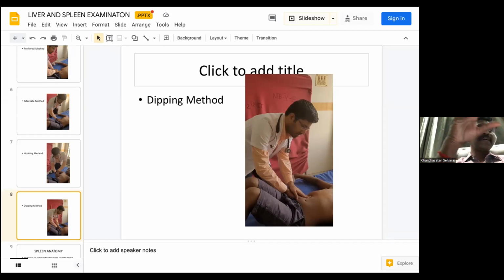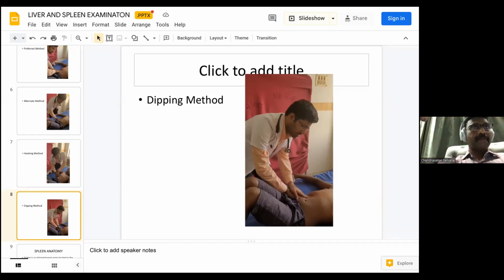Another thing, as far as the liver is concerned, is that we should also check the liver span. It's again very simple. We need to percuss in the anterior part of the chest, in the mid-clavicular line, from the fourth intercostal space. Usually the liver dullness starts from the fifth intercostal space. When you percuss down, you may get a dull note. That begins, and you need to mark that area. That is the upper border of the liver dullness.